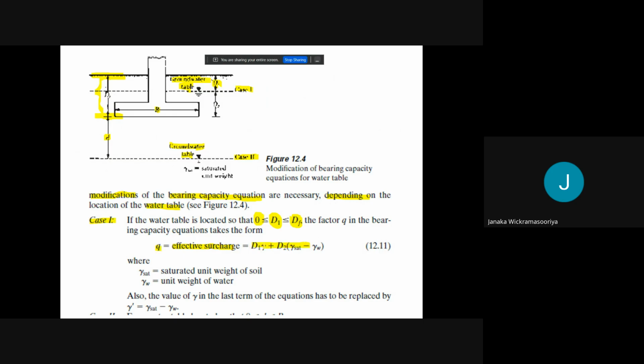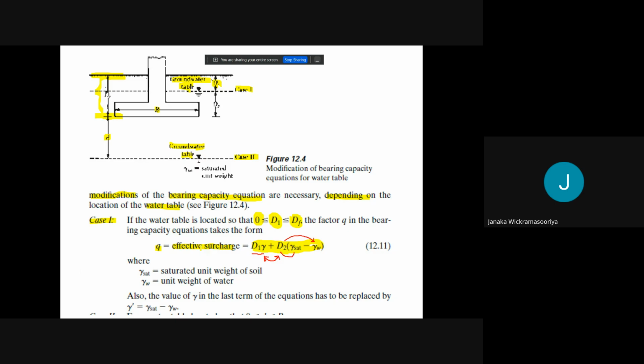That is the same as this one, the effective stress equation. If you add this part and this part, the addition of these two will give us the total stress, and this times this will be the effective stress. Therefore that becomes the same as what we have discussed.